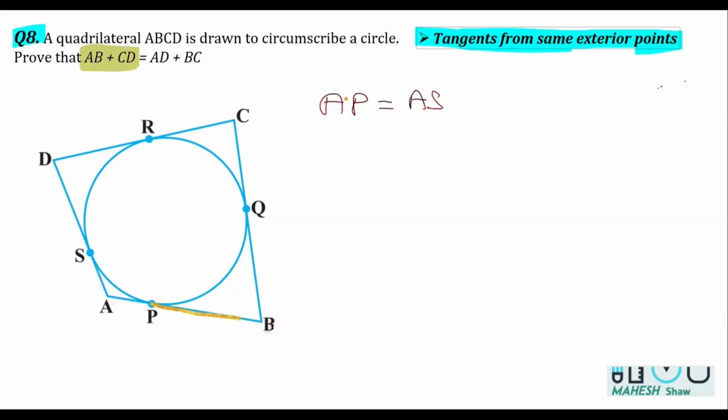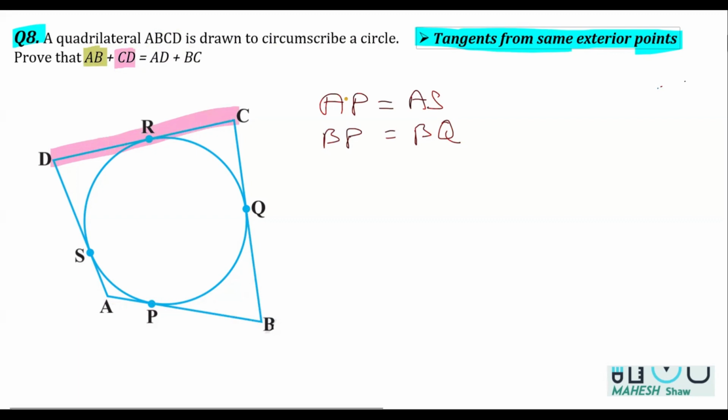This length PB is equal to BQ. So I'll say that BP is equal to BQ. Now once we have obtained AB, now focus on the next thing, that is CD. This is CD.